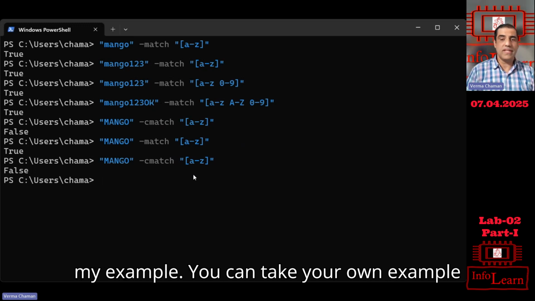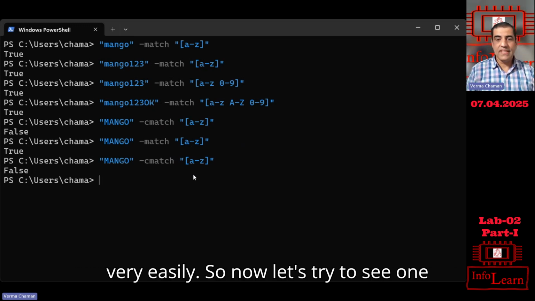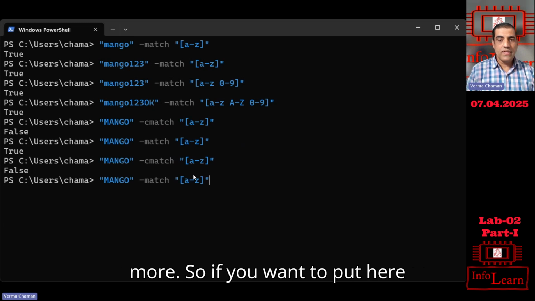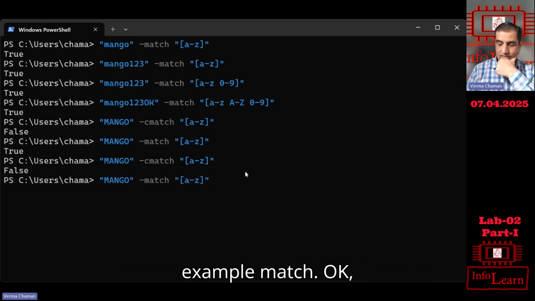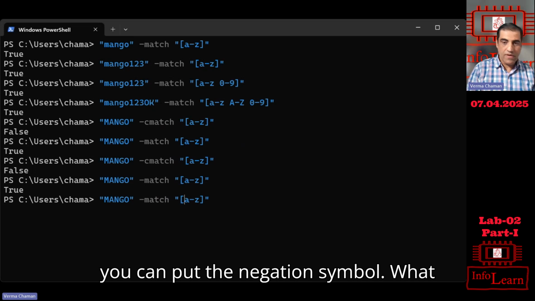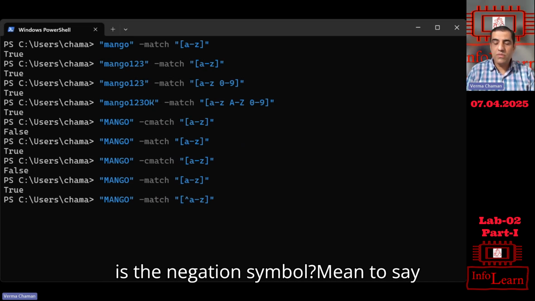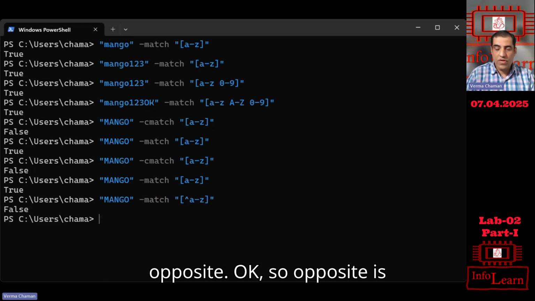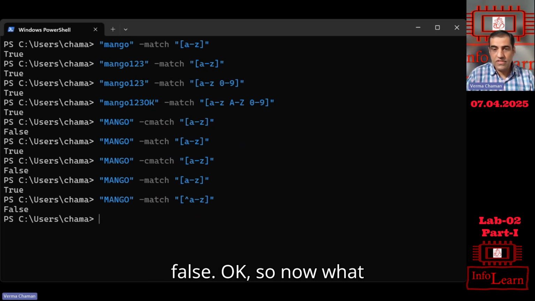This is my example; you can take your own very easily. Now let's see one more. If you put a match here, it gives you true, but you can put the negation symbol. What is the negation symbol? It means opposite, so the opposite is false.